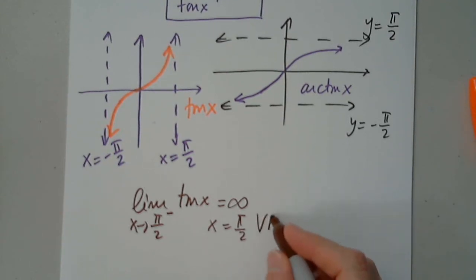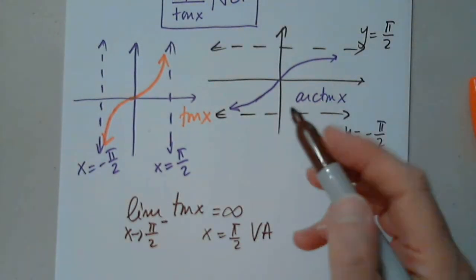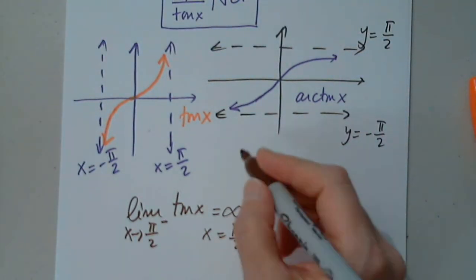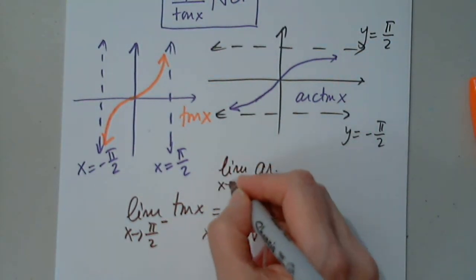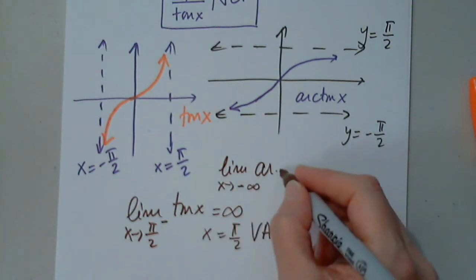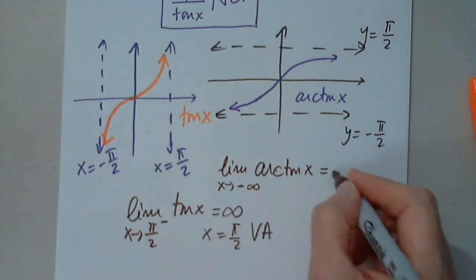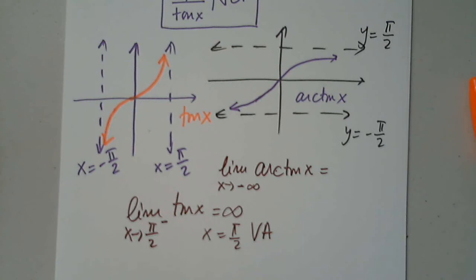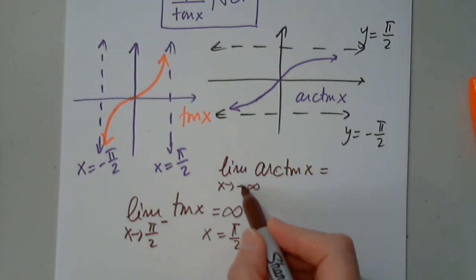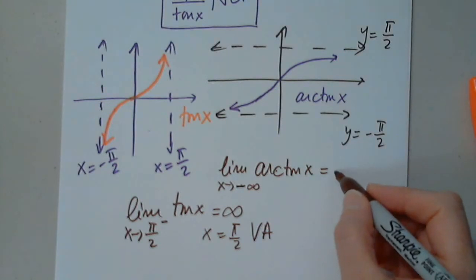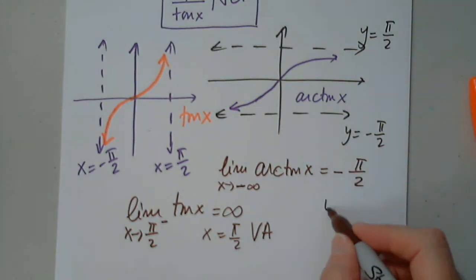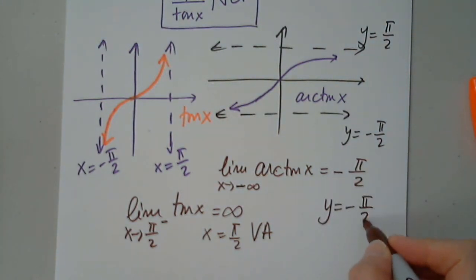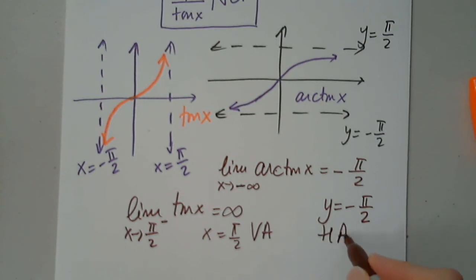A vertical asymptote. Excellent. For this one, what will you say? Limit as x approaches negative infinity of arctangent x. What will you say? Negative pi over 2. Which means, excellent, y equals negative pi over 2, a horizontal asymptote.